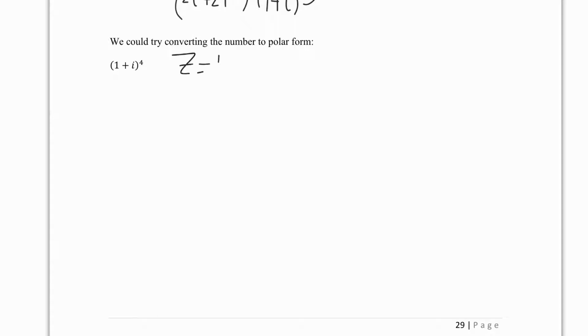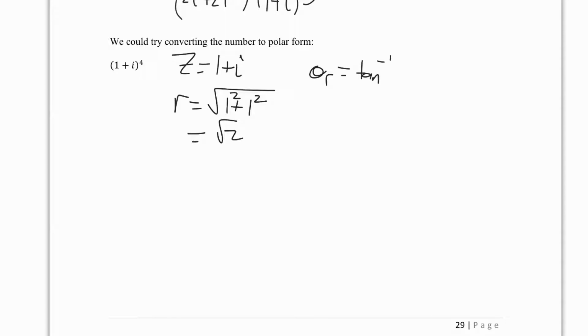So here's our number, z equals 1 plus i. The radius will be the square root of 1 squared plus 1 squared, or root 2. The reference angle will be tan inverse of 1 over 1, which is tan inverse of 1, which is pi by 4, or 45 degrees.